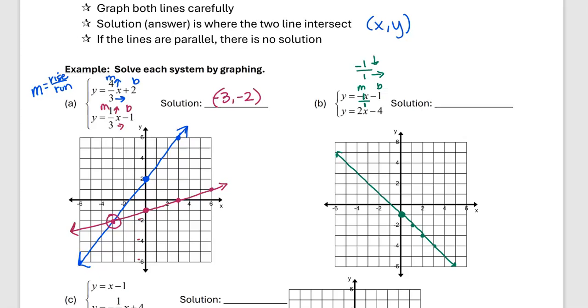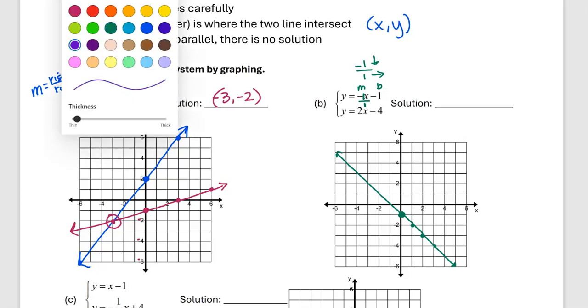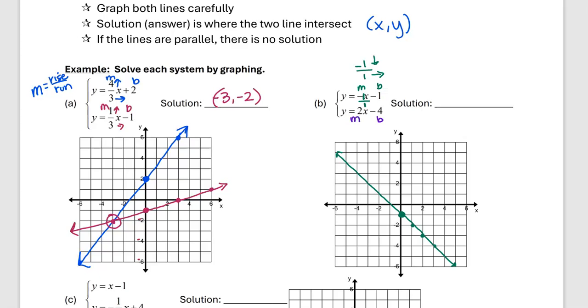Through those points. So for our second line, b for begin, m for move, y equals mx plus b, right? b is our y-intercept. That's always our starting point, begin. And then this is our slope, which again is rise over run. All right, so -4, put a dot. This time the 2 is over 1, right?